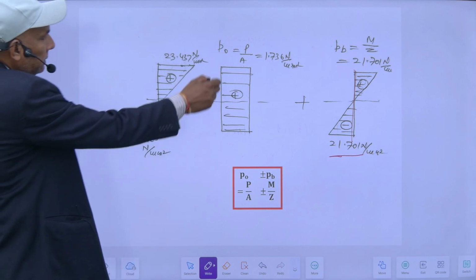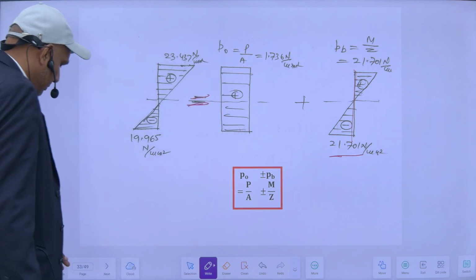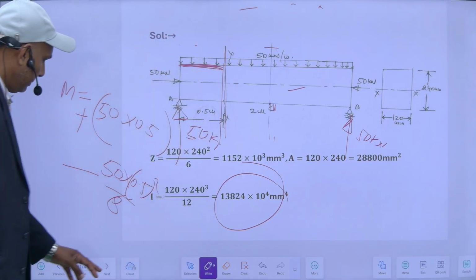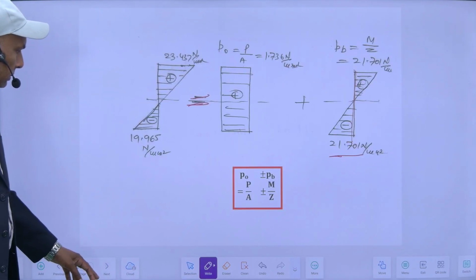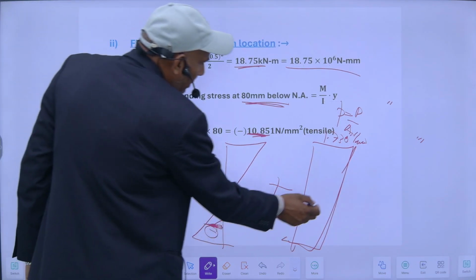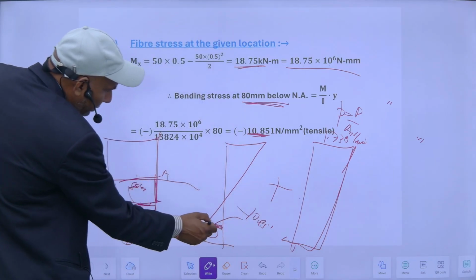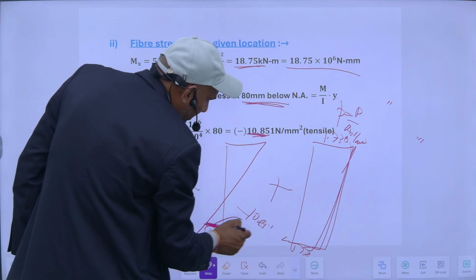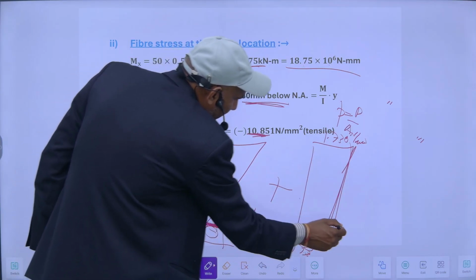This is the direct stress due to this load, 50 kilonewton divided by area, and this will be constant throughout. So at this layer also it will be 1.736 corresponding at this layer.